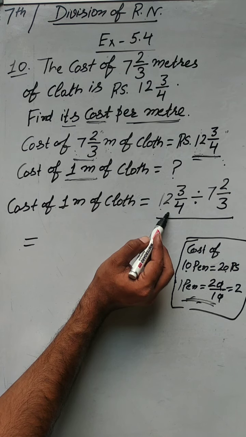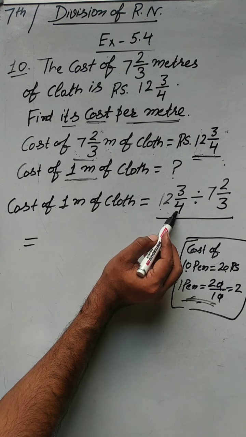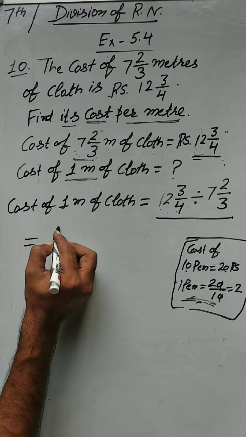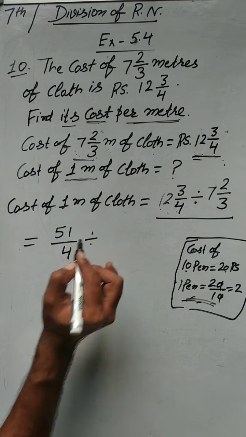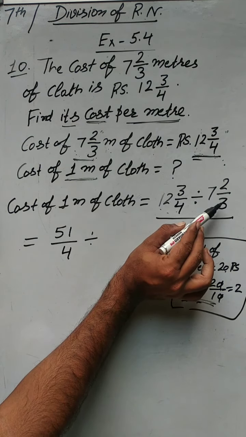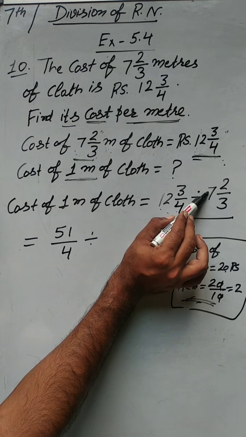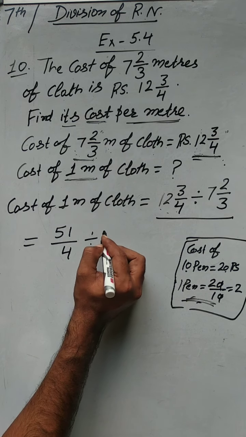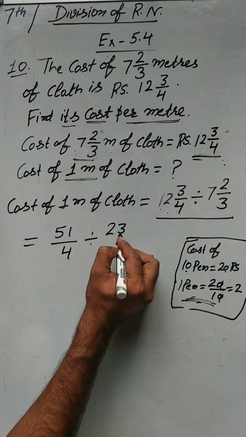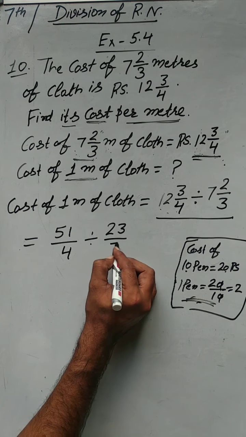Change it into improper. 12 into 4, 48. 48 plus 3, 51. So it becomes 51 upon 4 divided by, similarly here, beta, 3 multiply 7, 21. 21 plus 2, beta, 23. So it becomes 23 upon 3.